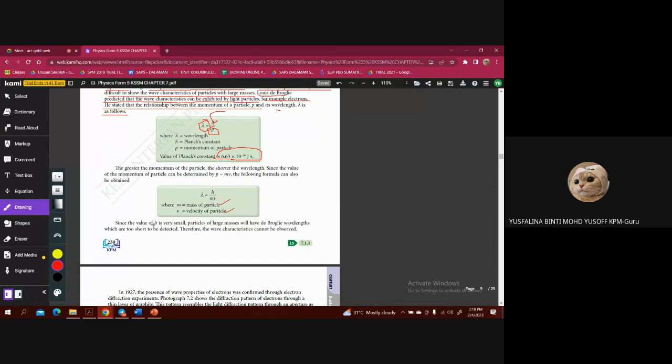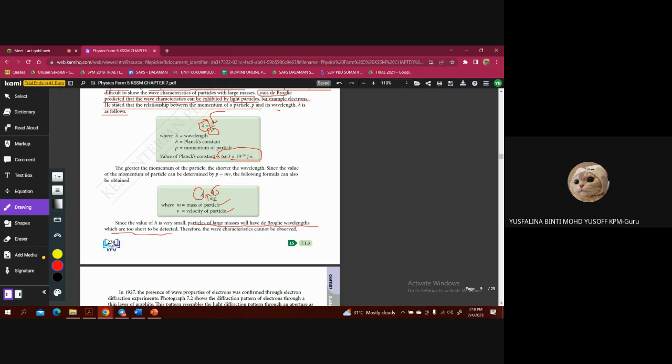Since the value of h is very small, 6.63 times 10 to the power of negative 34, for particles with large masses the de Broglie wavelength is too short to be detected. If the mass is large, the wavelength is very short.